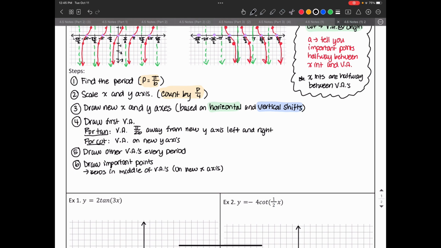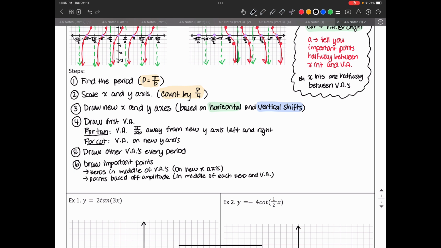And then you're also going to draw points where you're showing the amplitude in the middle of a zero and a vertical asymptote. Points based off amplitude, and those will be in between, or in the middle of each zero and vertical asymptote.